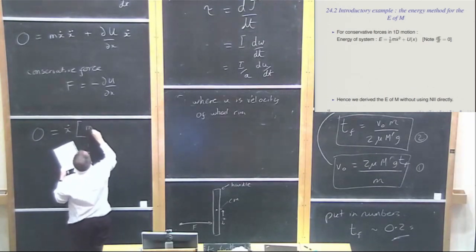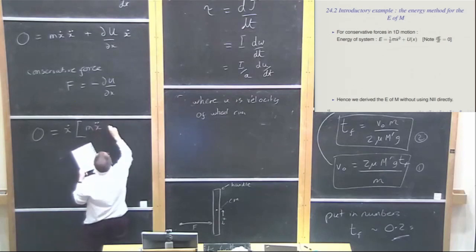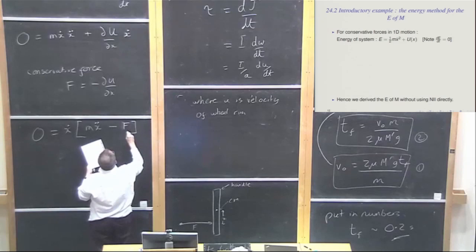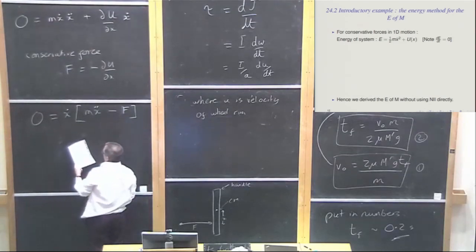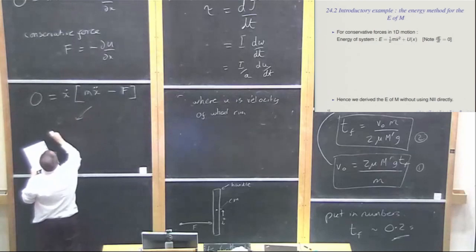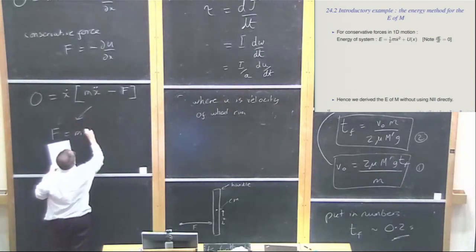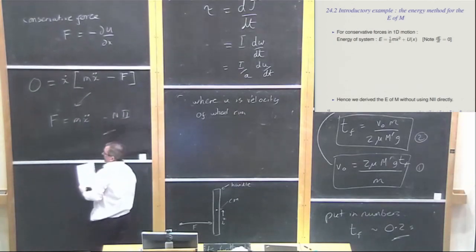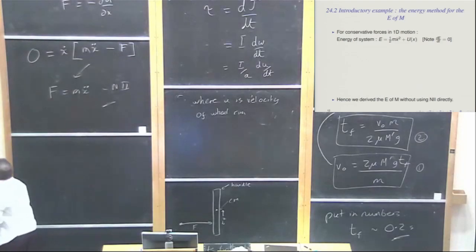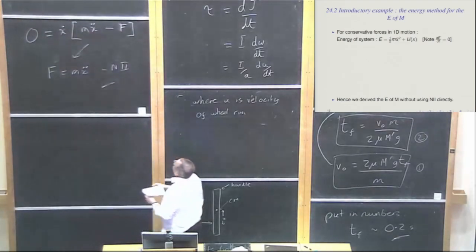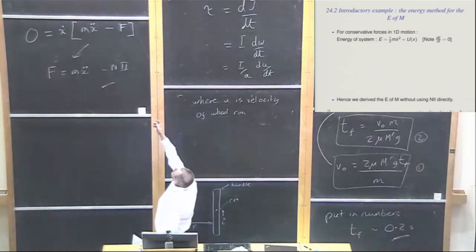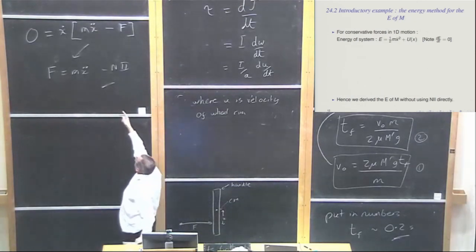And then m x double dot minus the force. Okay, so we get that F equals m x double dot, which is a very familiar expression. That is Newton's second law. But what is surprising, remarkable even, is that we didn't start with Newton's second law. We just started with the conservation of energy, and we ended up with this.